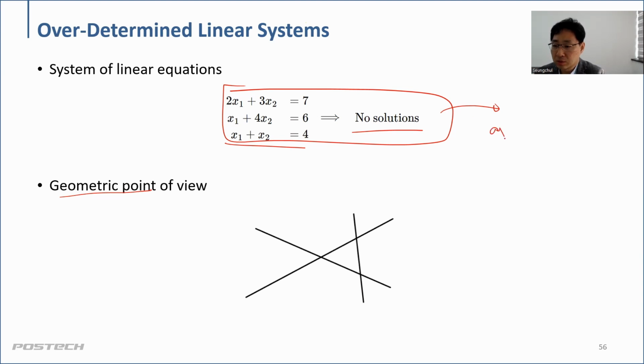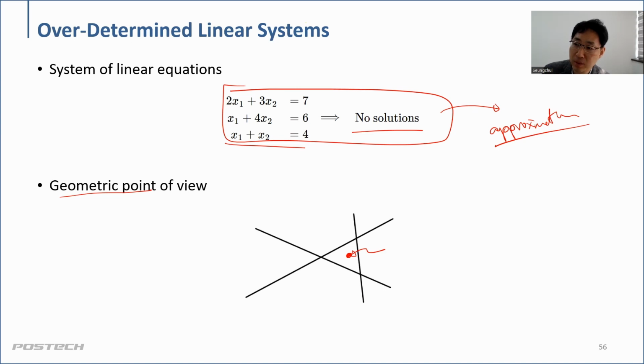We know there are no solutions, but approximations are second best. Probably I would say somewhere between these triangles. We know this one is not the exact solution, but it is probably one of the good candidates to approximate the solution.